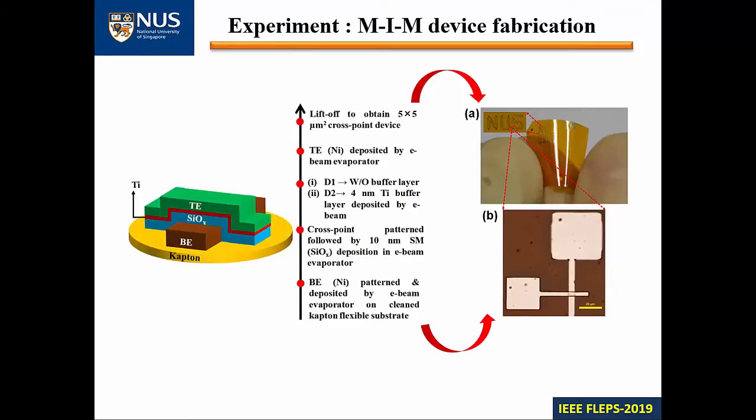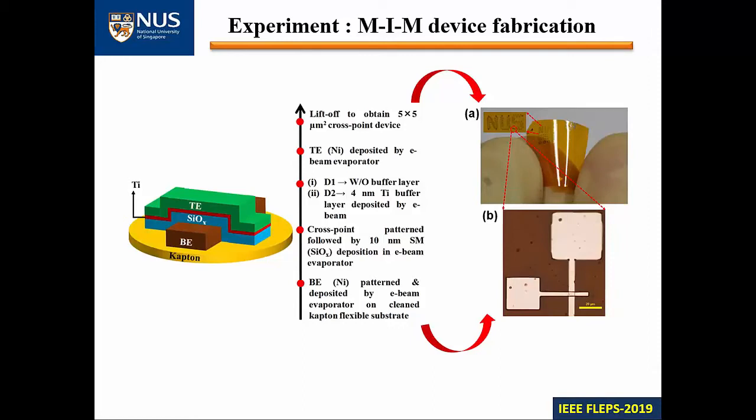The process steps are schematically shown here. First, the Kapton substrate is cleaned using IPA solution, and then the bottom electrode is patterned, and a 60 nanometer Nb layer is deposited. Then the cross-point bar is patterned, and 10 nanometer switching material, silicon oxide, is deposited.